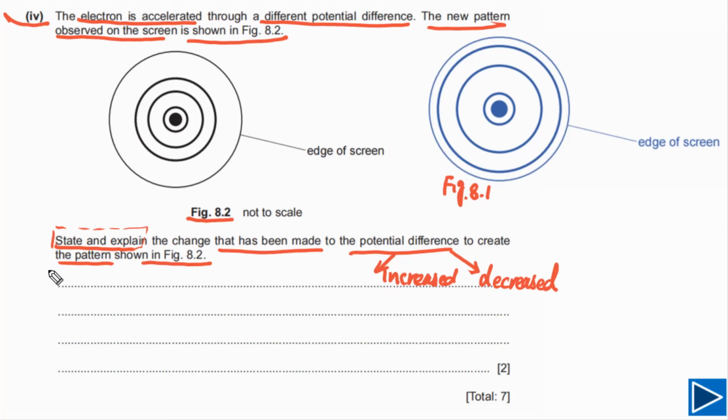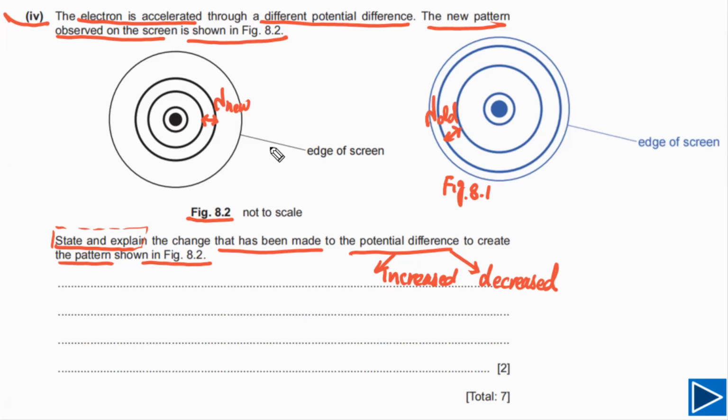So let's try to observe the difference between these 2 patterns. If you look at the new pattern, this is the wavelength, lambda new. If you look at the old pattern, this is the wavelength, lambda old.